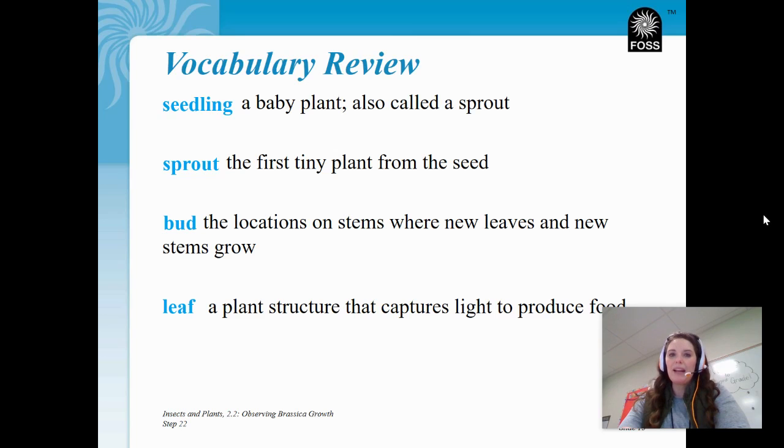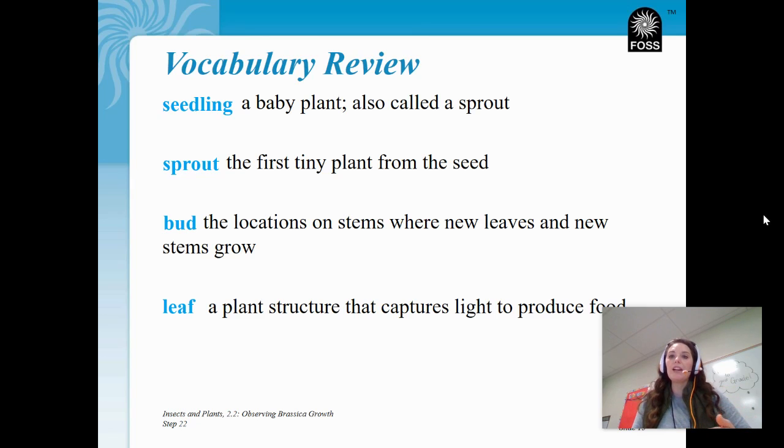Many of your brassica plants might now have leaves on them. A leaf is a plant structure that captures light to produce food. So, second graders, that is why I have been asking you to keep your brassica plant near a window so that it can have ample sunlight. The sunlight is what helps the plant grow.